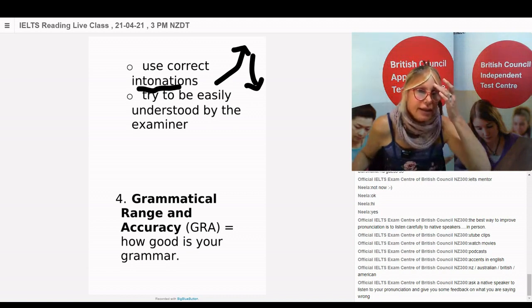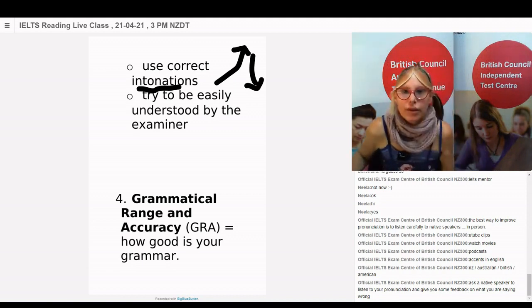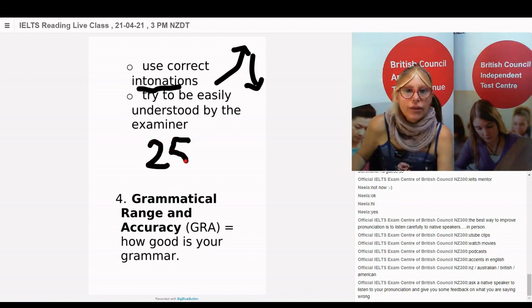So try and get a native speaker to give you some feedback if possible. All right, so that is obviously also worth 25% of the whole score, your pronunciation.